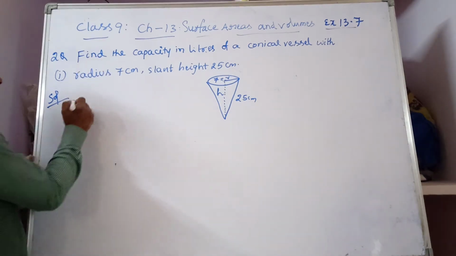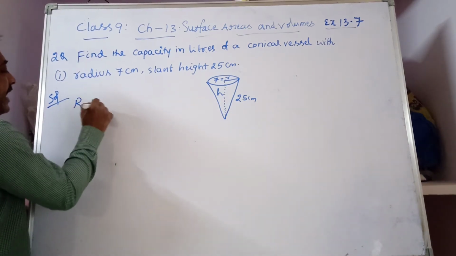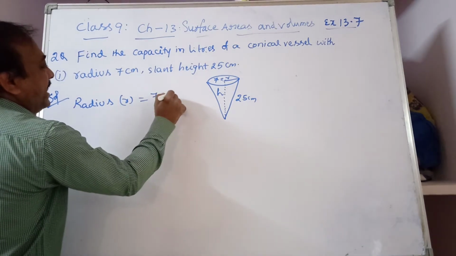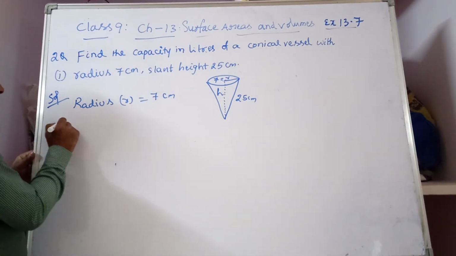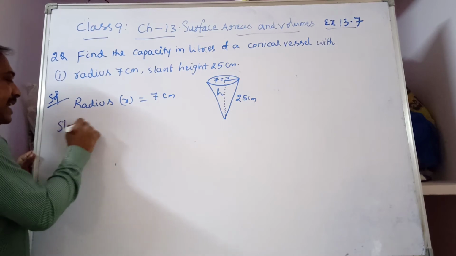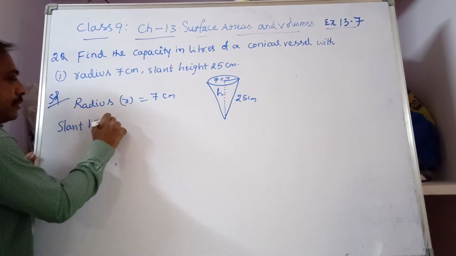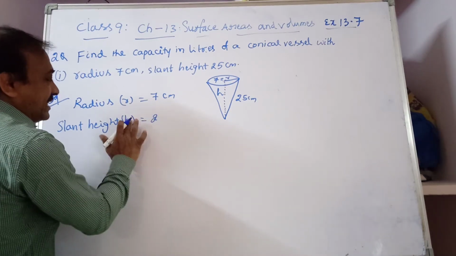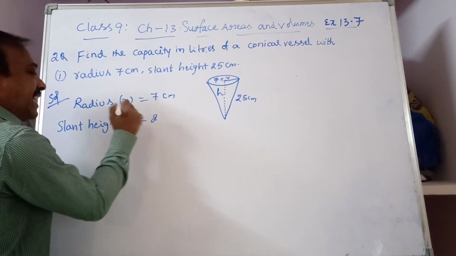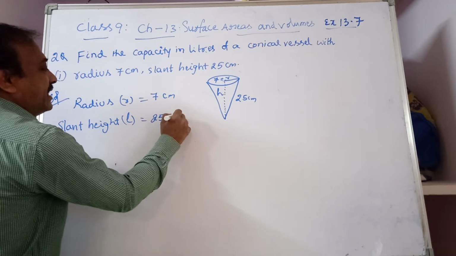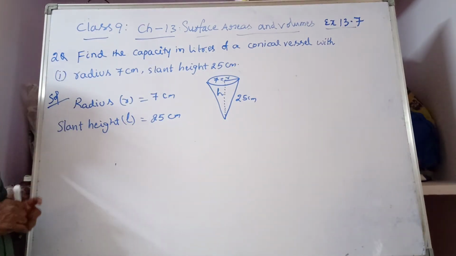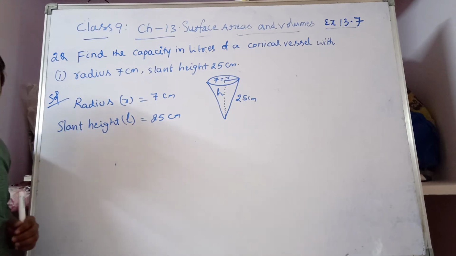First, the radius r is equal to 7 centimeters. Next, the slant height L is equal to 25 centimeters. To calculate the capacity, first we need to calculate its volume.